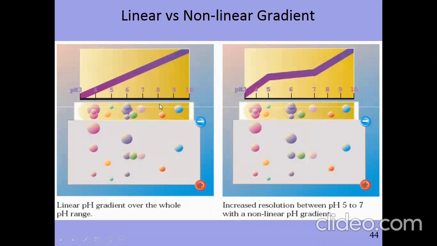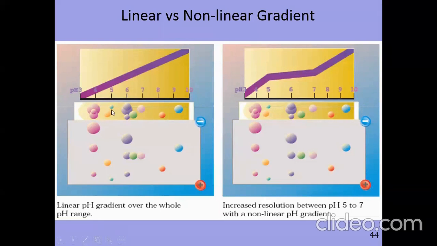Next is linear versus non-linear gradient. This is a linear gradient, which changes continuously. At pH 4, you can see this group of proteins resolve. This is the cathode, and that is the anode, and the proteins move in this direction. These proteins are negatively charged, so they move from the cathode towards the anode, and the smaller the molecule, the faster the movement will be when the charge is applied.